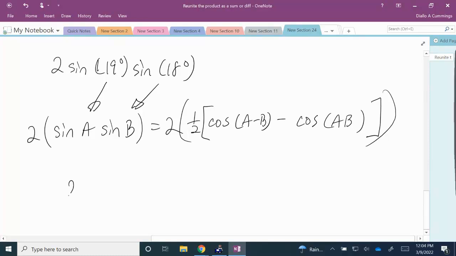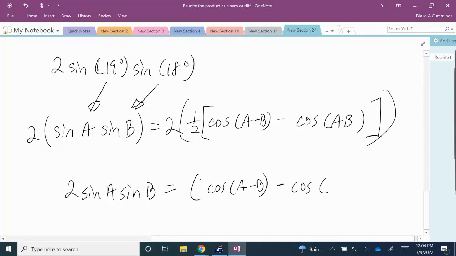If I write out the left-hand side, I have 2 sine A sine B, which now fits our formula exactly. On the right-hand side, 2 times 1/2 is 1, so I'm left with cosine A minus B minus cosine A plus B.